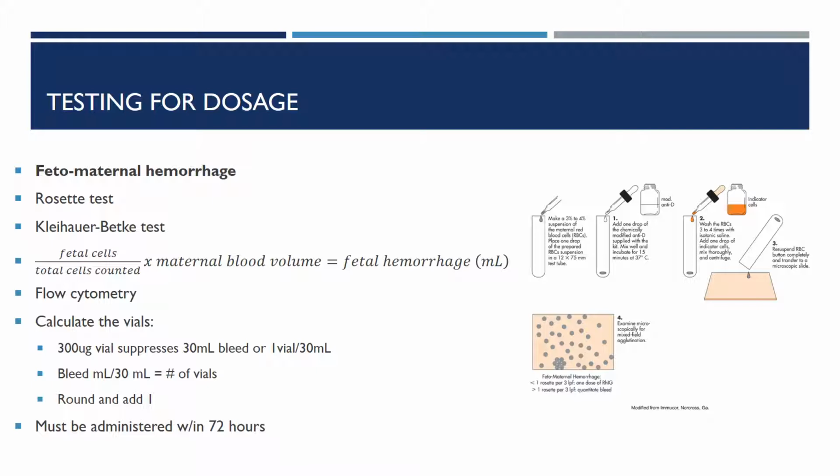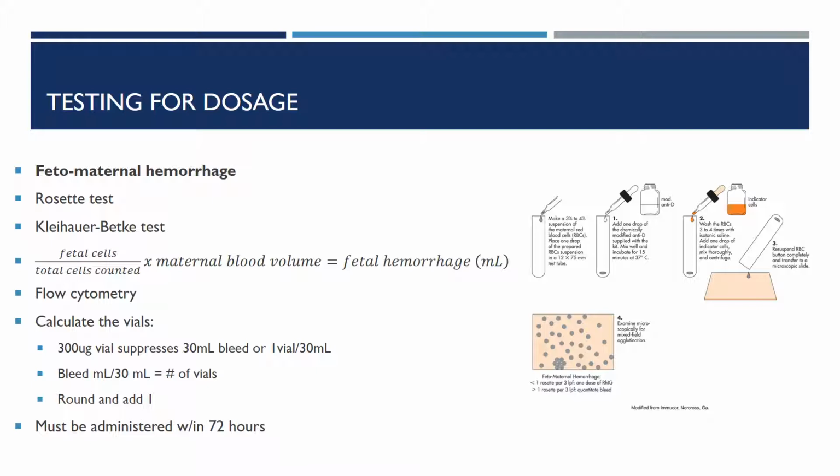So if it's 1.6 vials, for example, you're going to round it up to 2, but then you always add 1 to be safe. So that would be 3 vials in that case. If you have less than 0.5, so if you have 1.4 vials calculated, then you're going to round down to 1, but you're still going to add a vial. So you're going to make it 2 vials. Okay, so you round like the normal mathematical situation, and then you add 1.